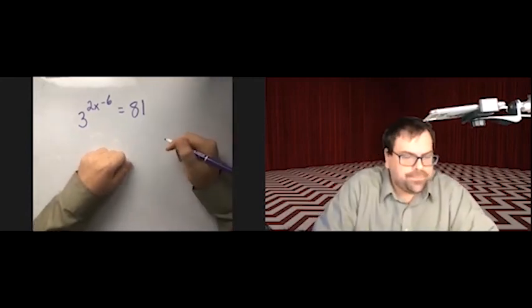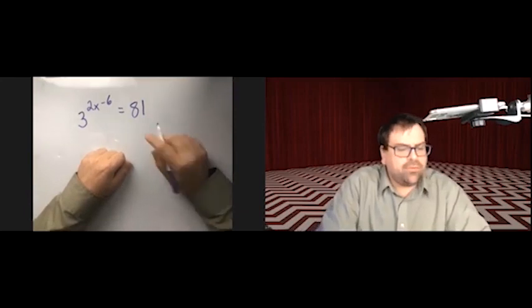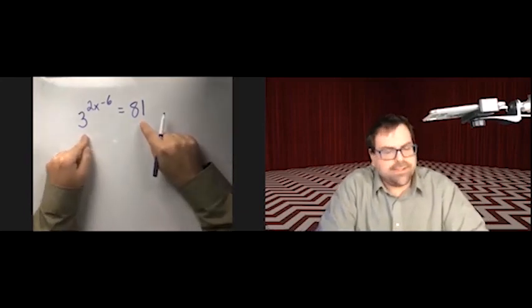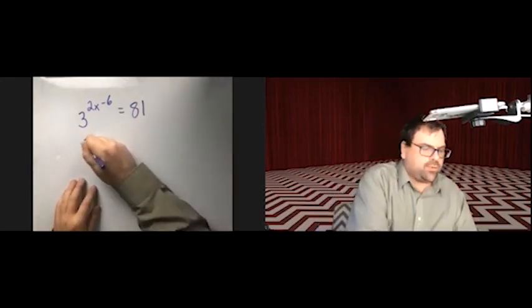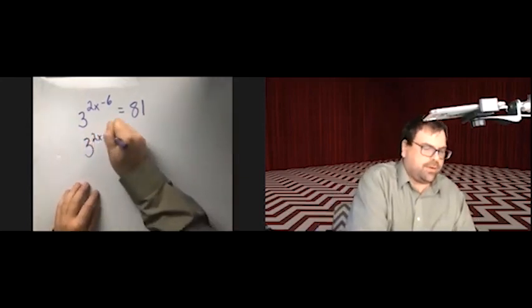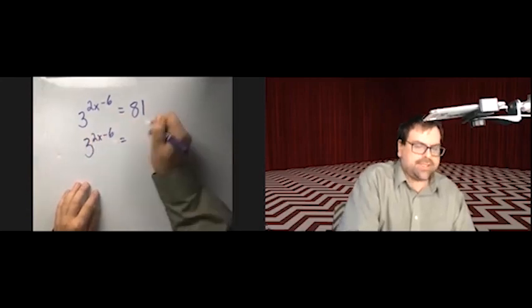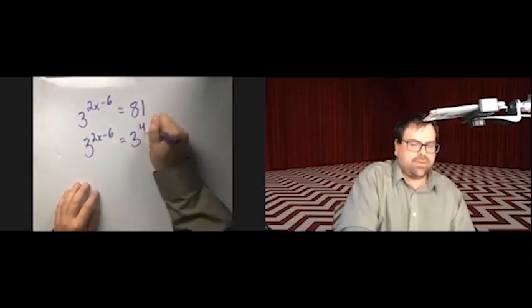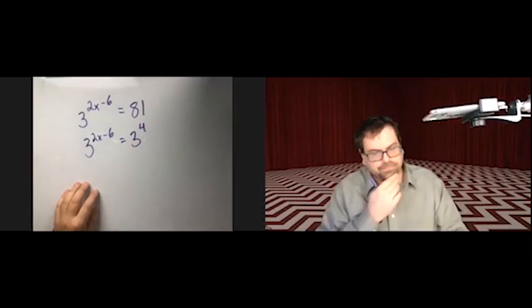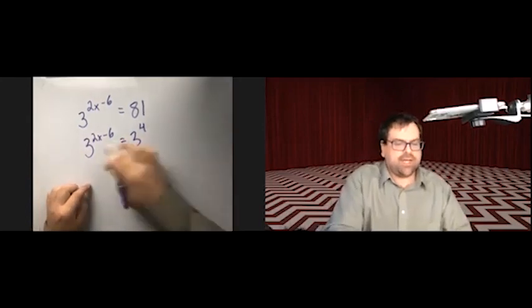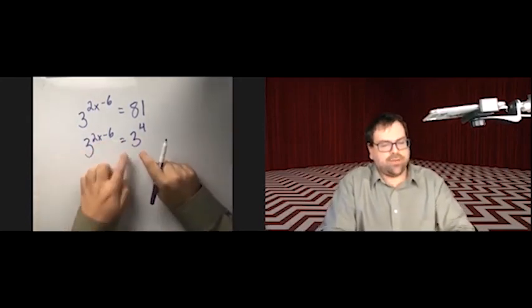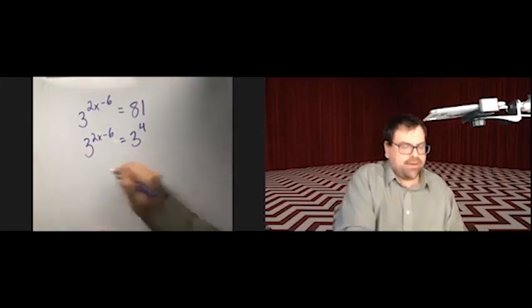Well, if we can get it so both sides are the same base raised to a power, which we can do here, because 81 is 3 to the 4th. This implies that the exponents are equal. 3 to this equals 3 to that, this equals that.